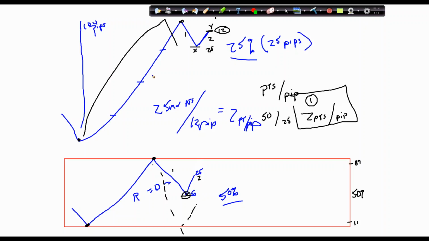Now, what about on the ride up? Since this was 100 pips, what was the points per pip on the move up? We had 100 pips and we moved 100 points, so it was exactly 1. We had a 1-to-1 relationship. So now of the two, the move up at 1 or the move down, so we go from, I hate putting anything on here, I'll put strange numbers, the move from 7 to 8, 8 to 9, and 9 to 10.